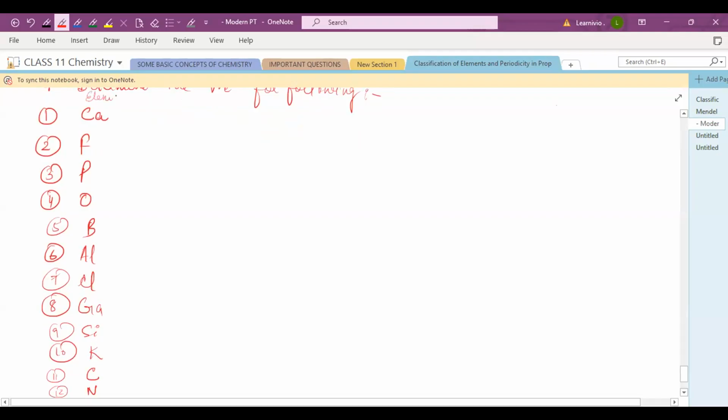I'm writing the element here. You will write the group number here, then valence electron here, and valency.